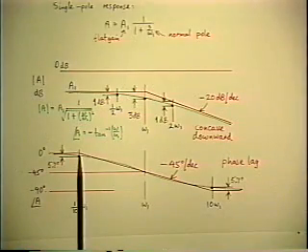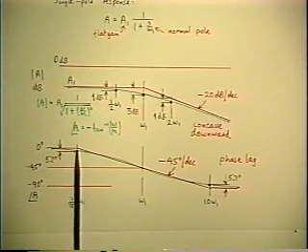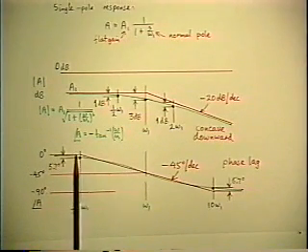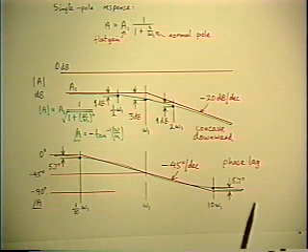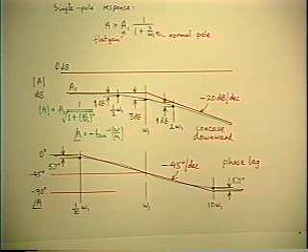The first term of the expansion is the argument itself, which is 0.1 radian. 1 radian is 57 degrees. 0.1 radian is 5.7 degrees. That's not much of an error from the asymptote intersection. So those straight lines are pretty good approximations for the phase function of a single pole. And that's usually sufficient to draw all the sketches you need, just as the asymptotes are sufficient for the magnitude function.